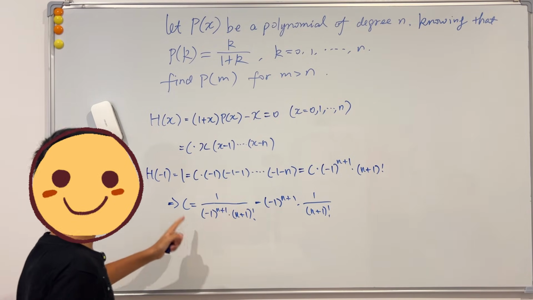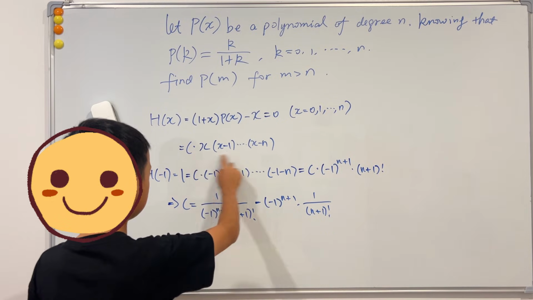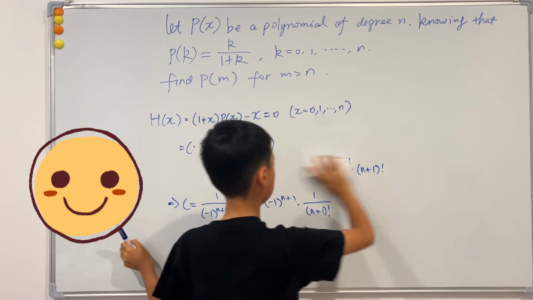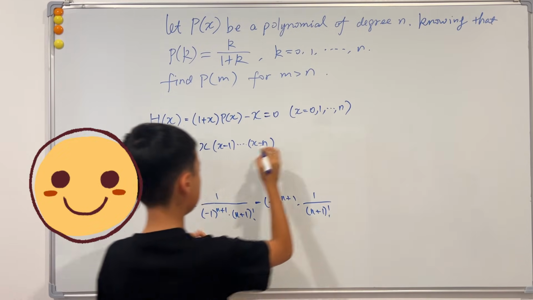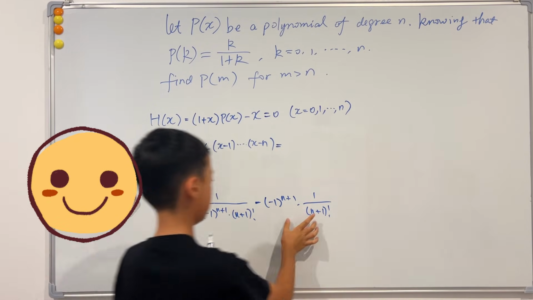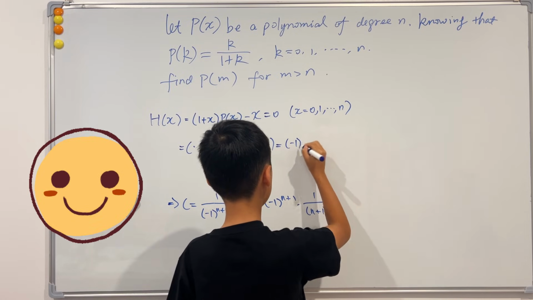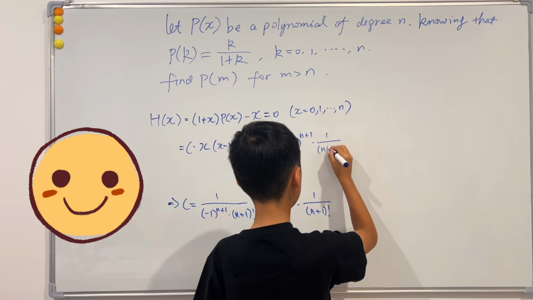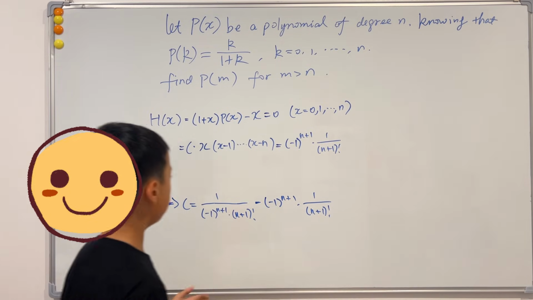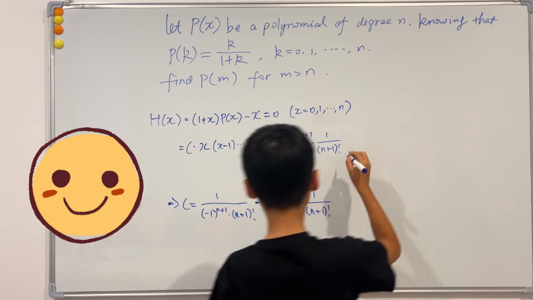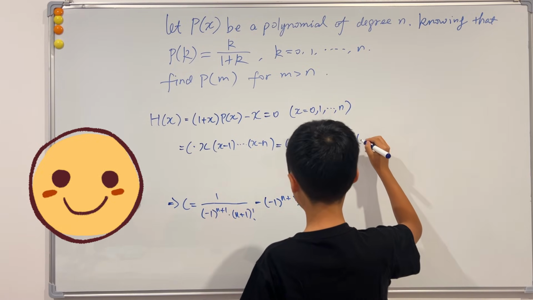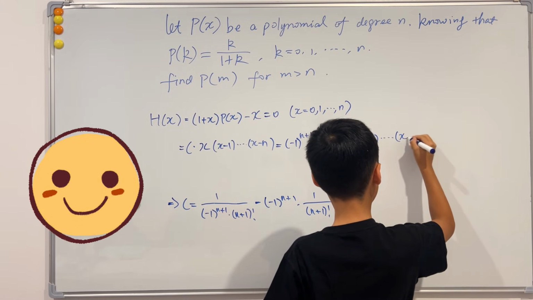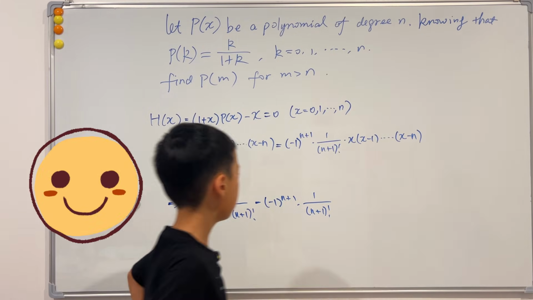So now that we have c, then we can plug this back into here. And I'm just going to rub this out. This is equal to, c is this. And then we have to multiply by this. Right.